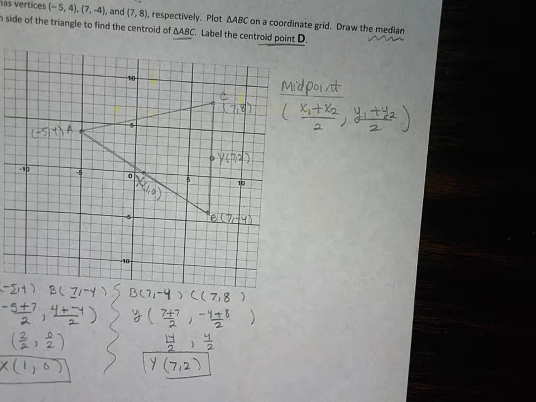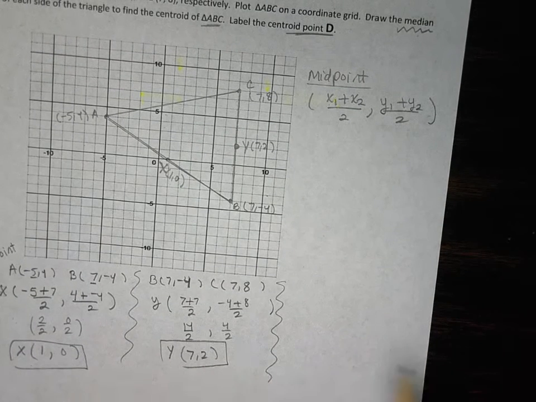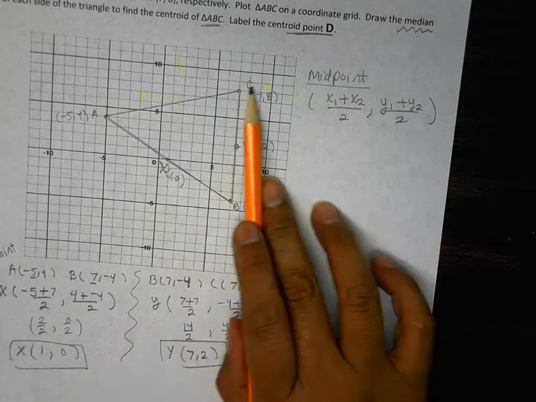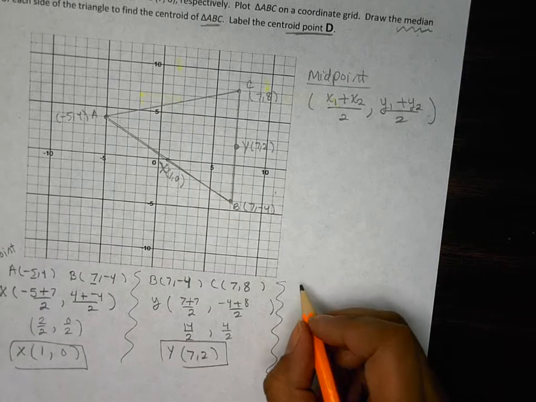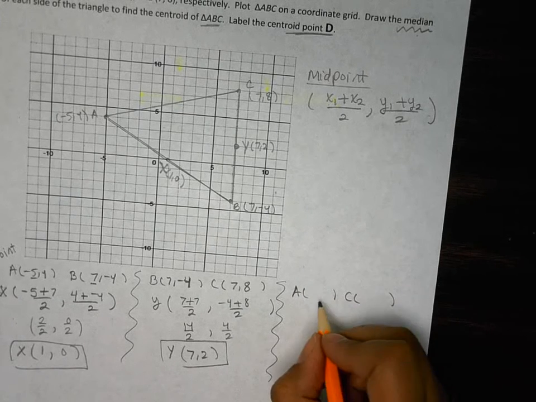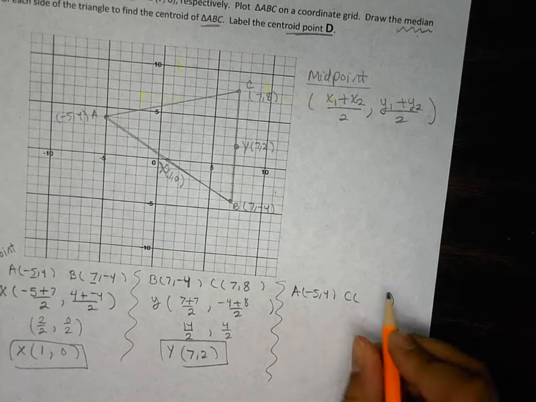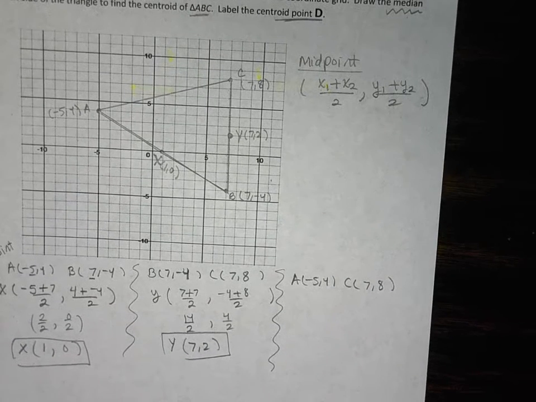Okay. What's the last piece we're going to find? The midpoint of what? Midpoint of AC. And I'm going to have you do that now. There's A, there's C. We'll call this point Z.